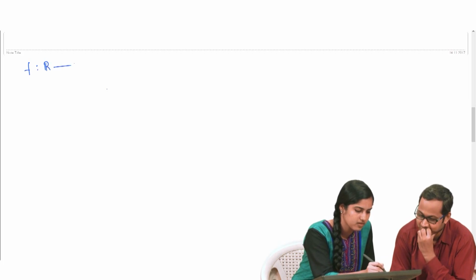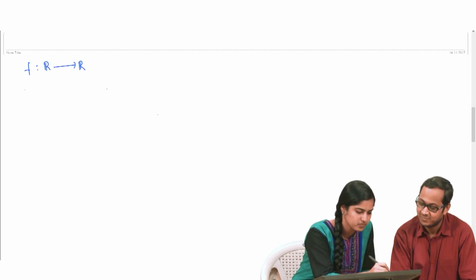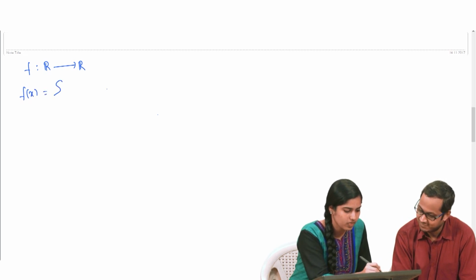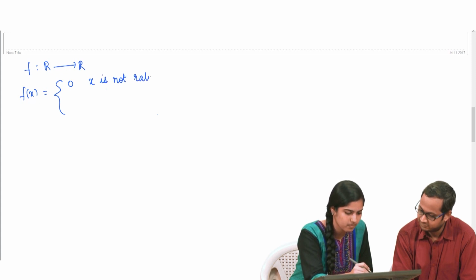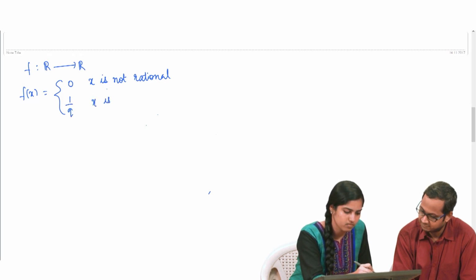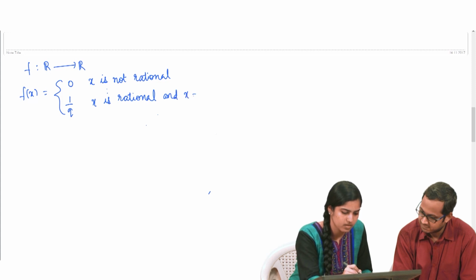A function is defined on the whole of the real line as follows. f of x is equal to 0 if x is not rational, and f of x is equal to 1 by q if x is rational and x is equal to p by q in its lowest terms.